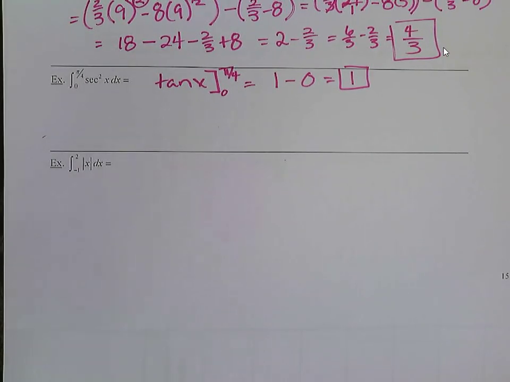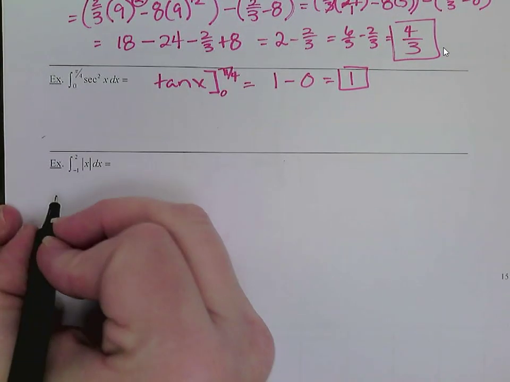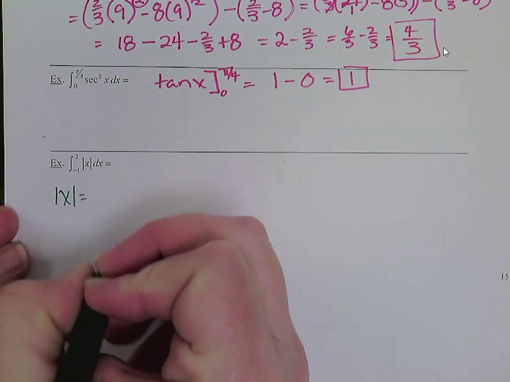All right, let's try this next one. What the heck is a derivative of the absolute value? That's not a formula I've seen before. You can go back to, well, do we know what the absolute value of x is? Sometimes.